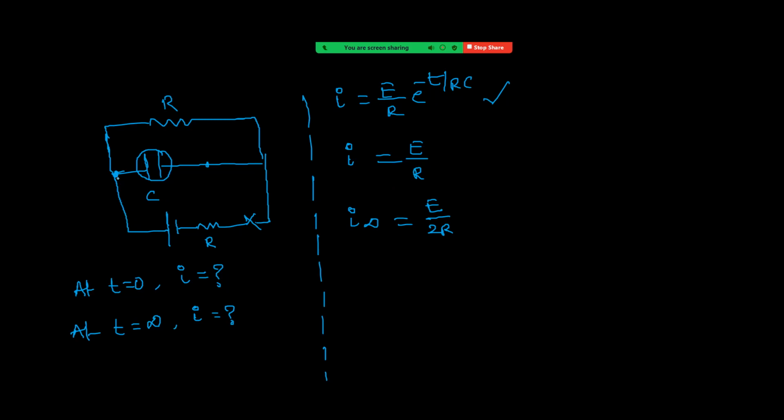Just after closing the switch, it is just like a conducting wire, so there is no potential difference across this initially. So it is equal to E by R when t equal to 0 just after closing. After a long time it is equal to E by 2R. Okay. So like this we are taking the application of this one. In the next lecture we can discuss some more questions based on this.